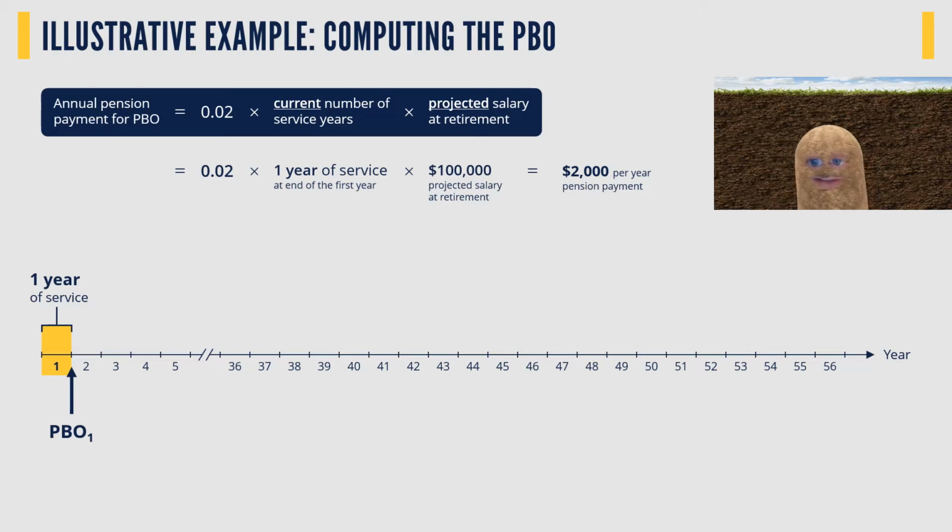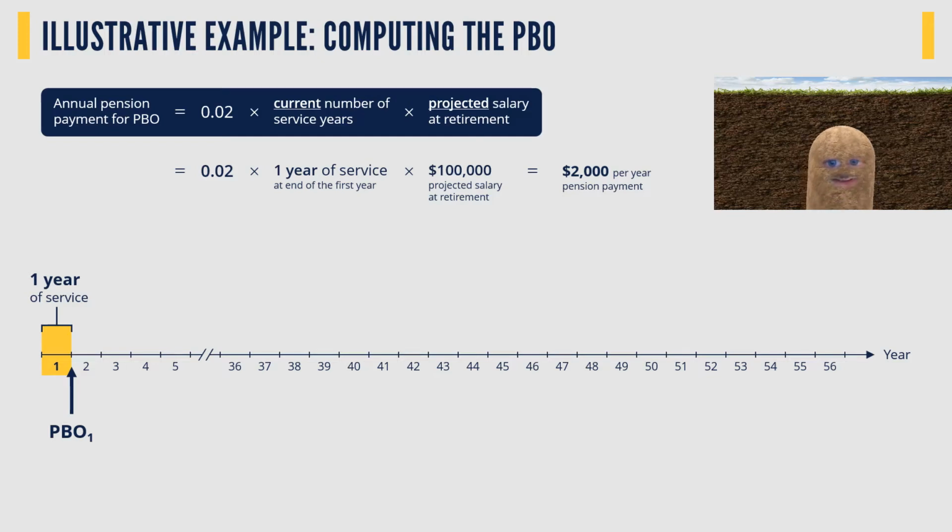And that conveniently gives us, as of the first year, this employee is going to receive $2,000 per year, not total, but per year when they retire. If they were to retire today, they would get $2,000 per year for the rest of their life from this company, which isn't much.